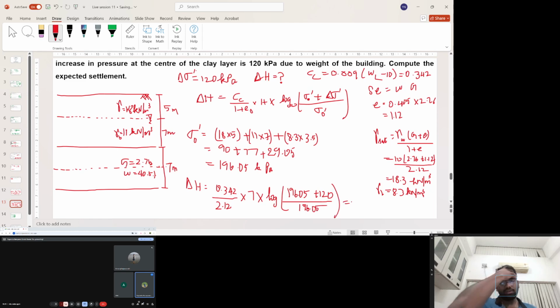How much settlement are we getting? 0.234 meters, right? Yes, sir. 0.234 meters. That is 23.4 centimeters. Almost 10 inches. Fine.